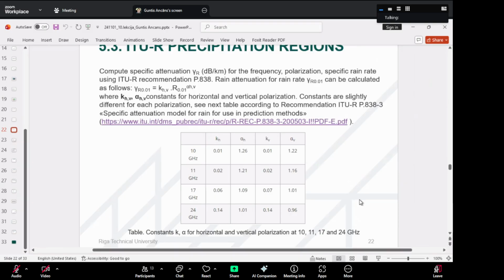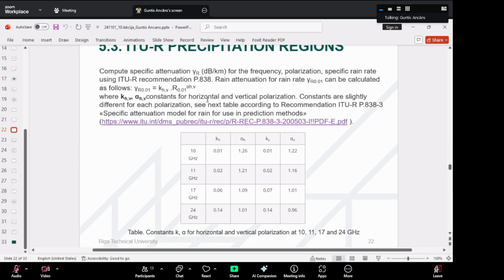Next is computation of specific attenuation for the frequency, polarization, and rain rate using the same recommendation. The formula is provided here, and in this formula, k contains constants for horizontal and vertical polarization.